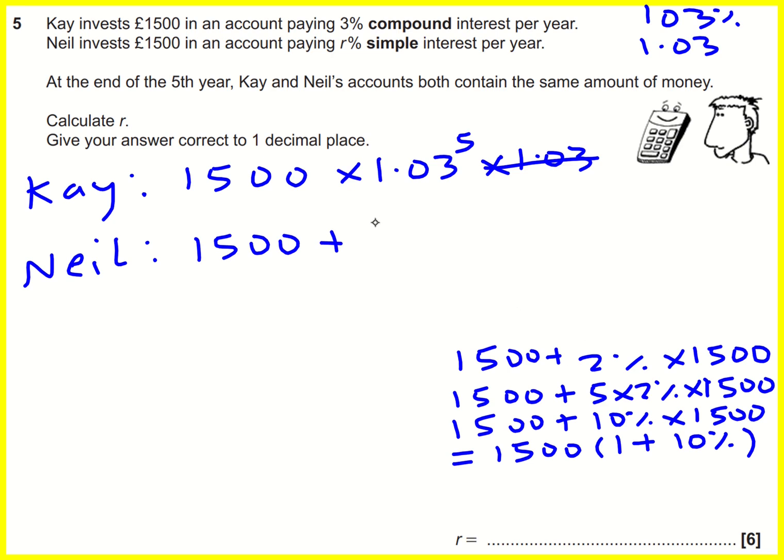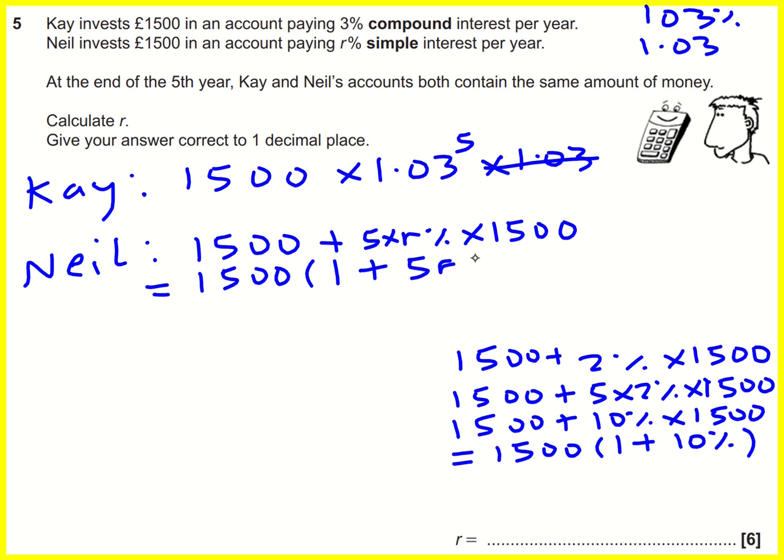So it's going to be 1500 plus r% times 1500. That would be for 1 year, but for 5 years, I'm going to multiply that by 5. And then that's going to be 1500, and I'm going to factorize it straight out now. It's going to be 1 plus 5 times r%.